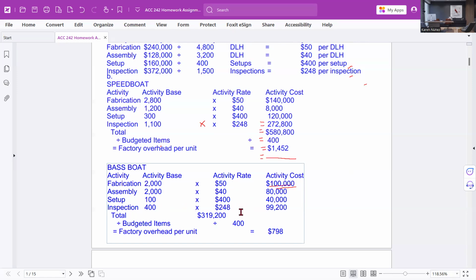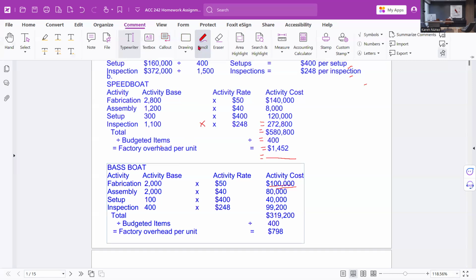Same thing, right? It's just like with a single plant-wide overhead rate. You take the activity times the rate, that predetermined single plant-wide overhead rate, and you get the cost. That's all we're doing here. But we're doing it 4 times instead of 1 time with the single plant-wide overhead rate.